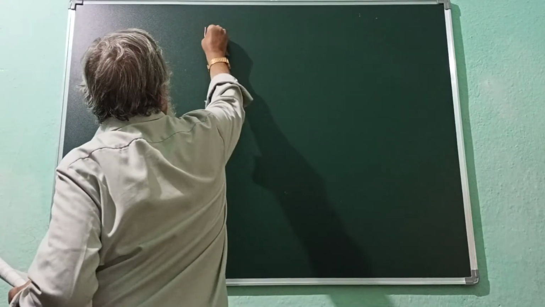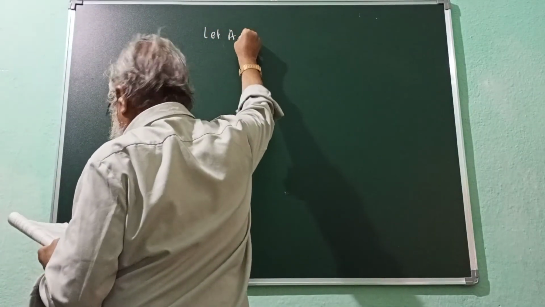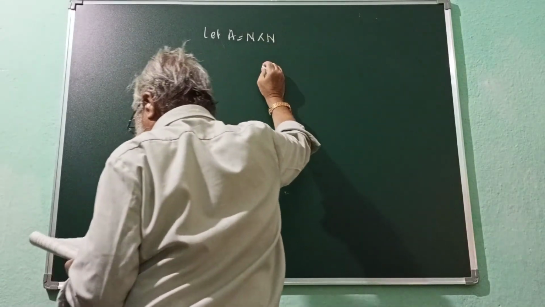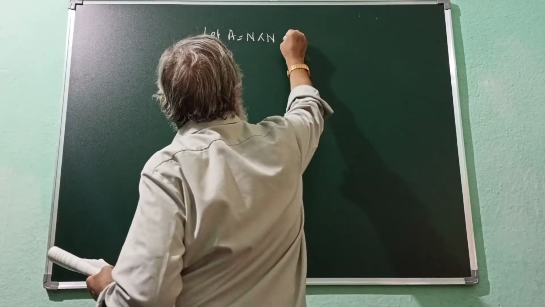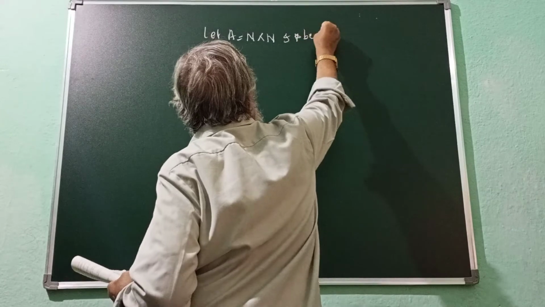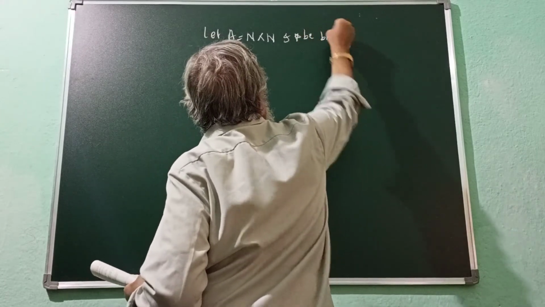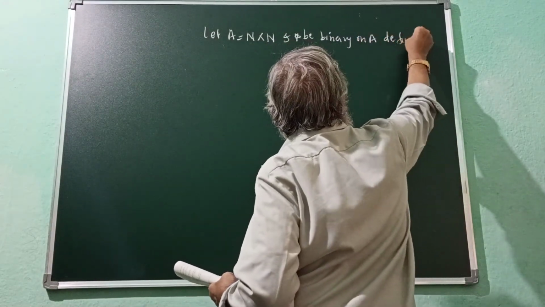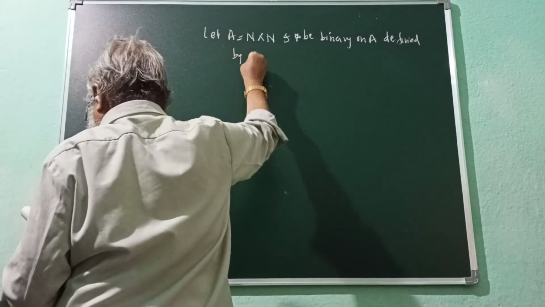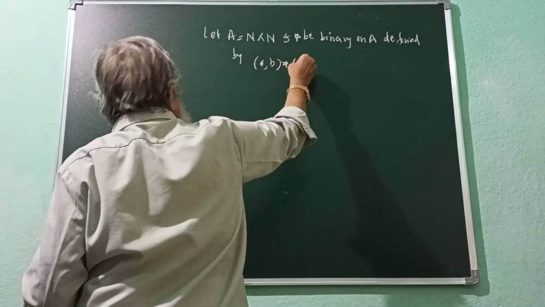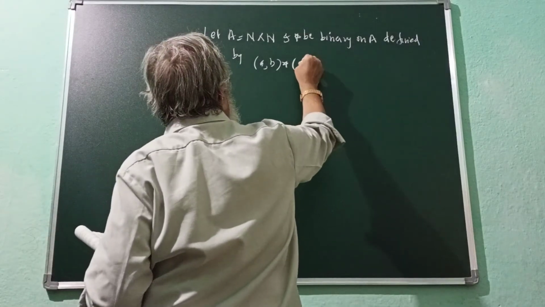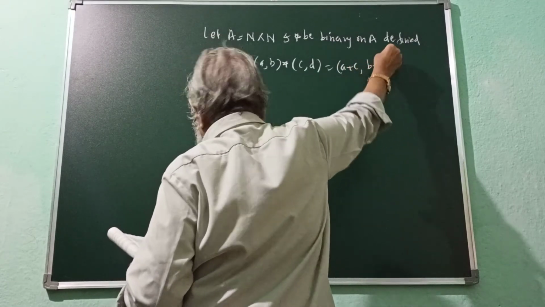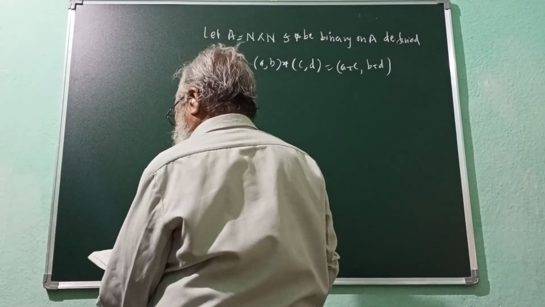Next, let A be equal to N cross N, and star be the binary operation on A defined by AB star CD is equal to A plus C, B plus D. The operation on ordered pairs is given.